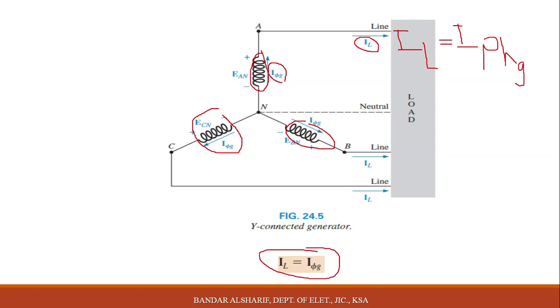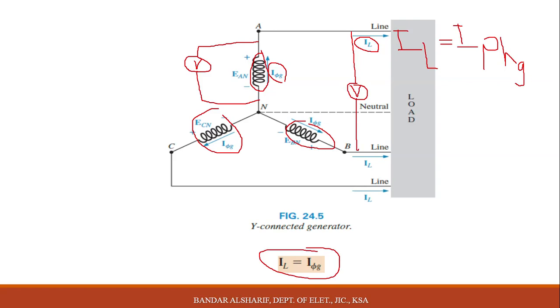The other type of voltage is called voltage line, similar to I line. If we need to know where is the voltage line, if we need to put the voltmeter, for example, if we need to consider here in the lab later to measure voltage phase, we will put the voltmeter here. Okay, and if we need to measure voltage line, we will put the voltmeter here between each line and the other.